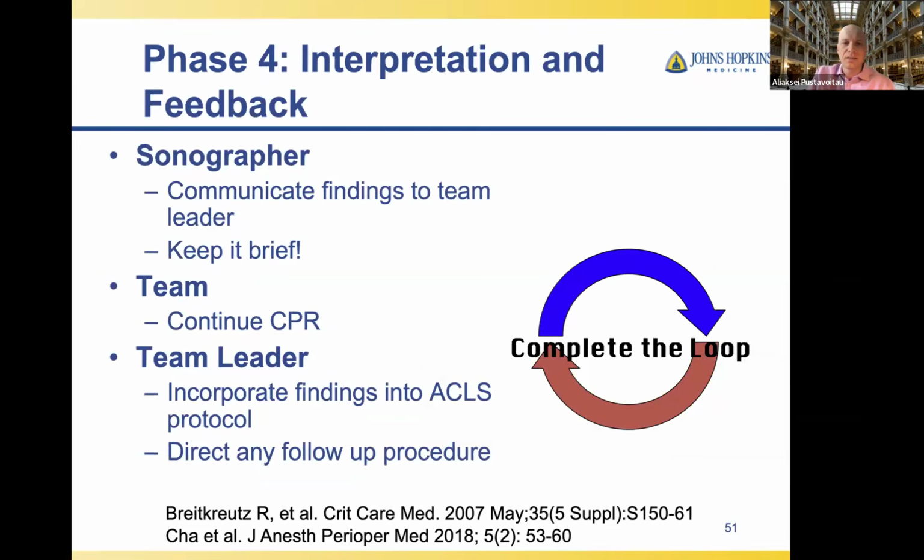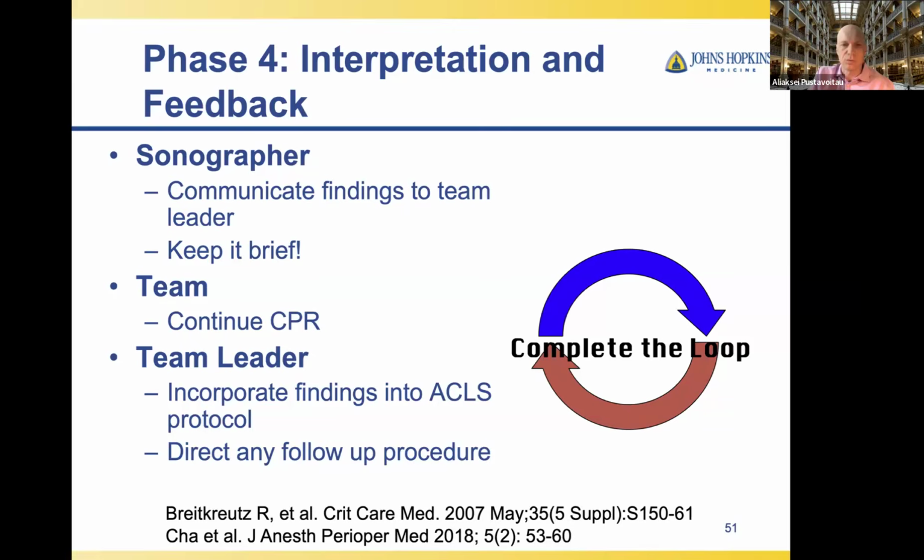And then as the team continues the CPR, the sonographer will communicate back to the team leader. I'll show you phrases that the sonographer can use, and the team leader will listen and incorporate the findings into what we're doing next. So if there is tamponade, the leader says, hey, appoint someone responsible, you do the pericardiocentesis.